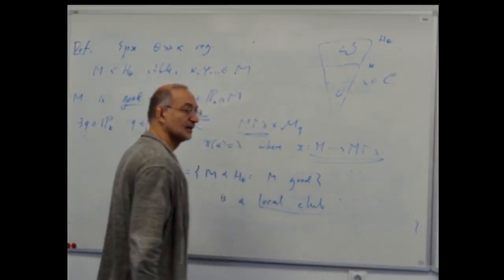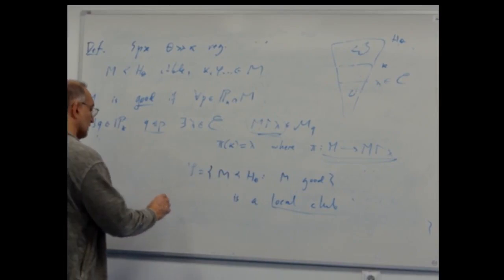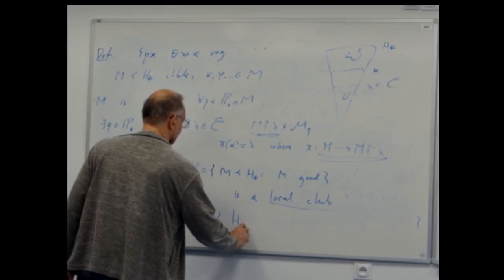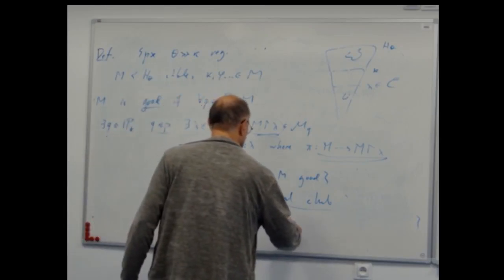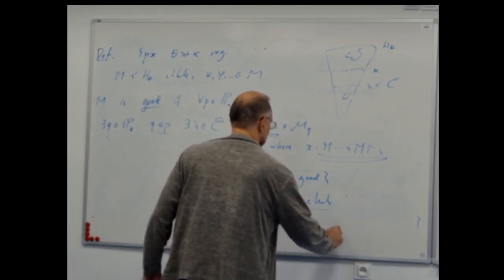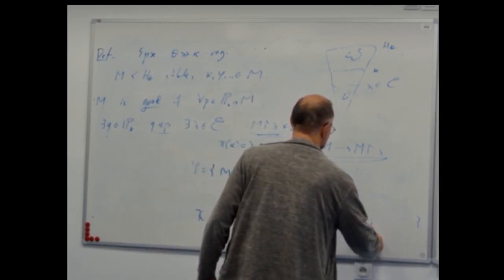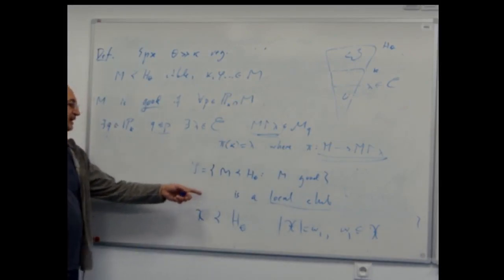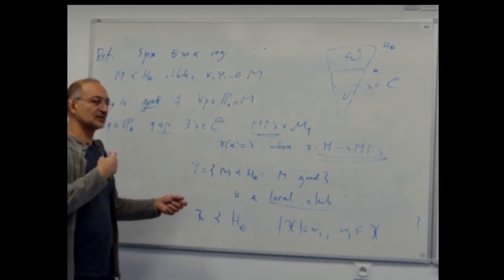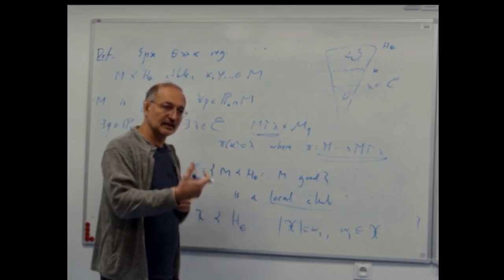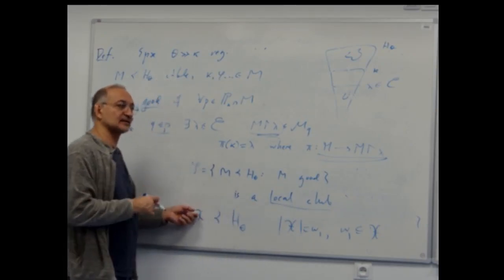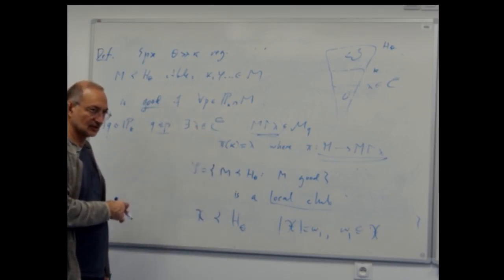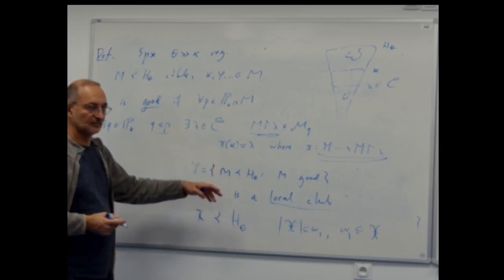It means that if you give me an X, elementary submodel of H theta of size omega 1, and let's assume it contains omega 1, then club many countable elementary submodels of X are good. So this is what local club means.